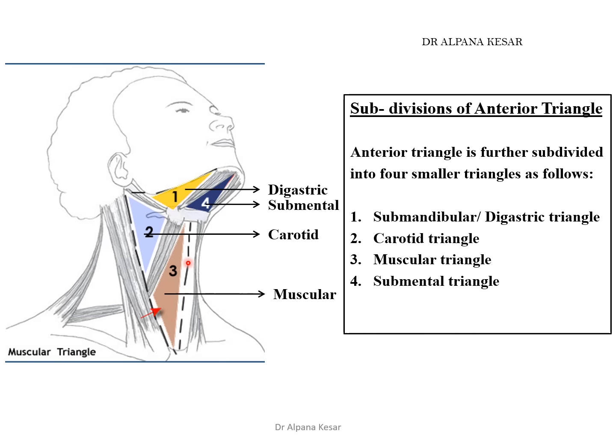And this is the muscular triangle. The submental triangle is a single triangle in the midline, while the digastric, carotid, and muscular triangle are paired triangles with one on each side.